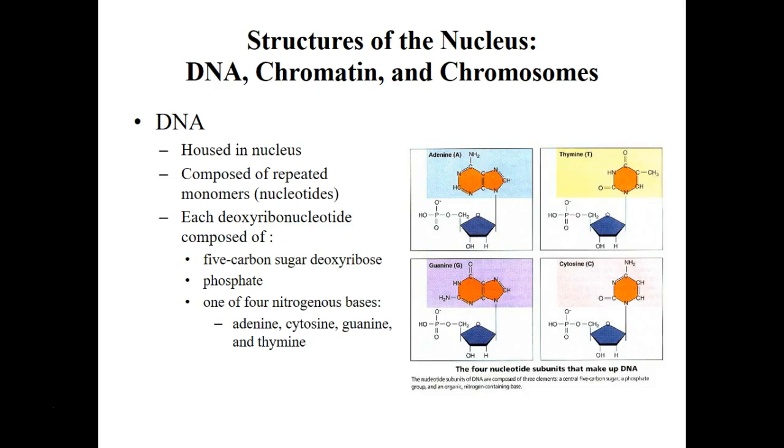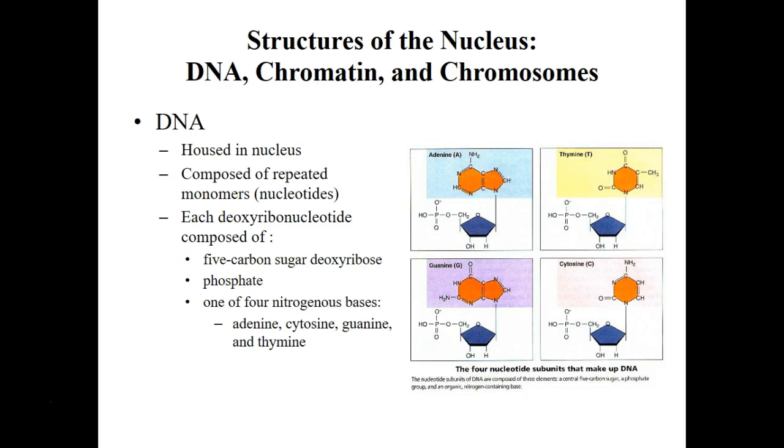DNA is what is found inside the nucleus. So DNA is found in the nucleus outside of the nucleolus. And it basically takes up the majority of the room in the nucleus. DNA is composed of 4 nucleotides: adenine, thymine, guanine, and cytosine. DNA is the polymer.